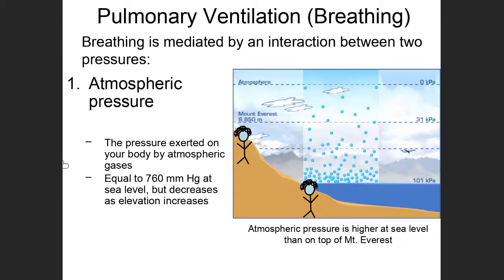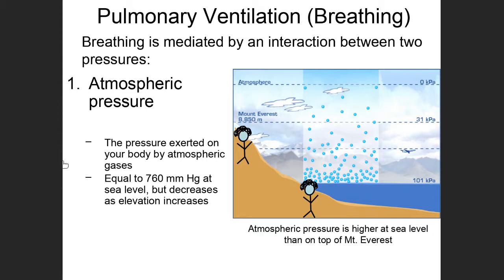And basically, so that you don't get bogged down into this, before I start getting into the details, breathing works like this. When pressure in the lungs is higher than the pressure outside the body, you exhale, and air moves from an area of higher pressure to an area of lower pressure.